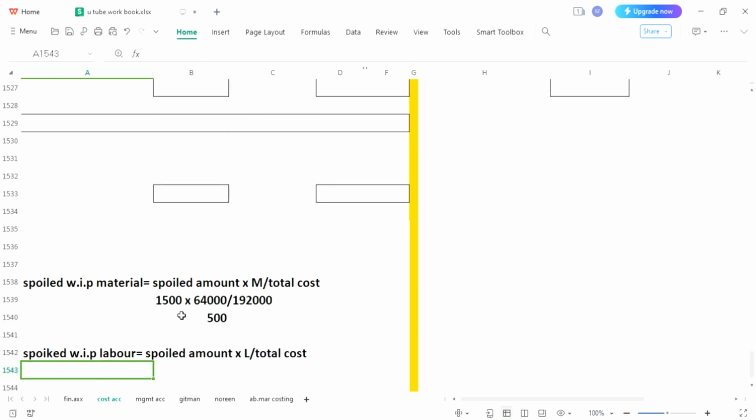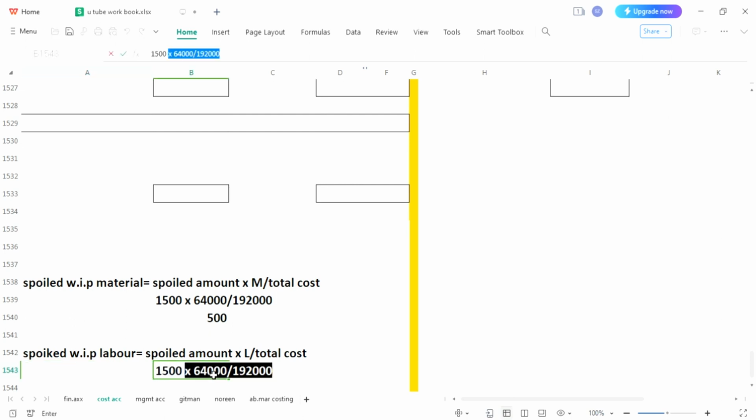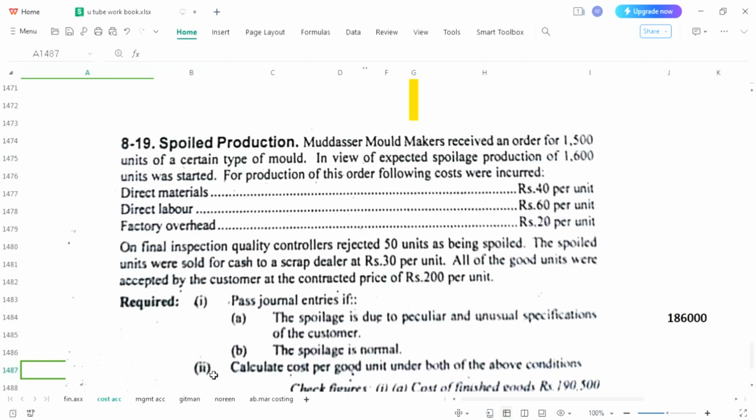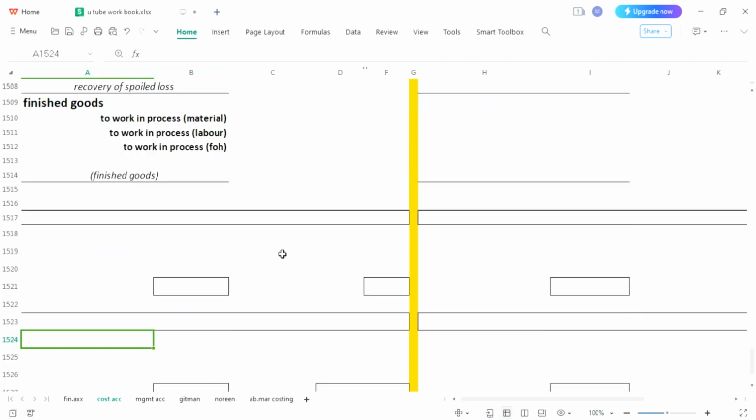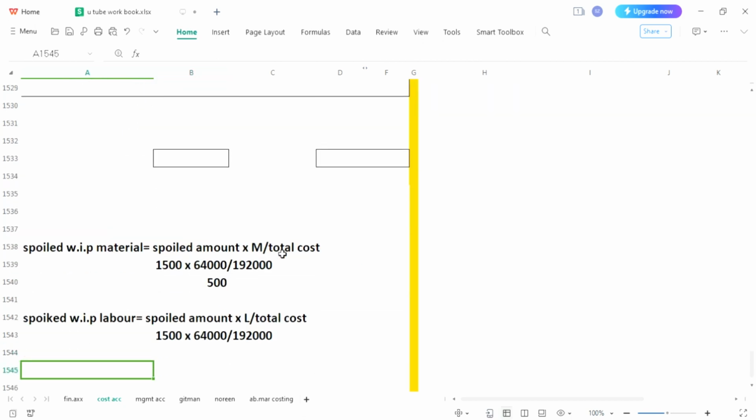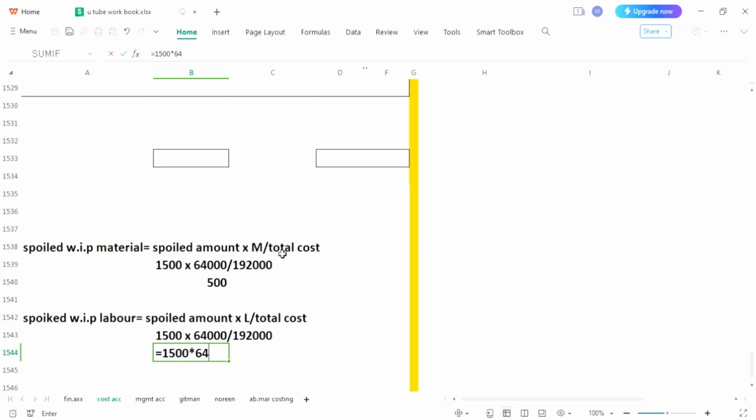Spoiled amount is similar, 1500, there would not be any change. We need to multiply it by labor cost, and here second is work in process labor, 96,000. Now we can calculate it. 1500 multiplied by 64,000 divided by 192,000. In this way, our second amount has arrived as well.